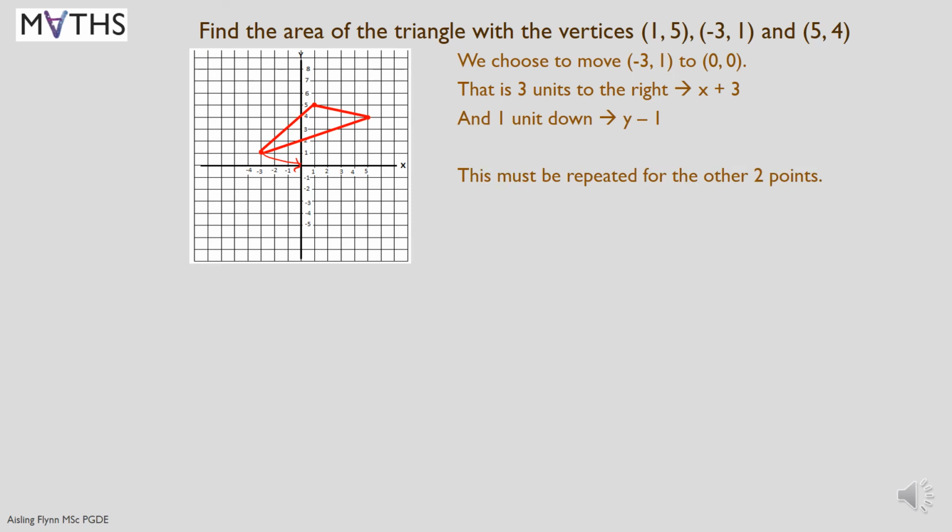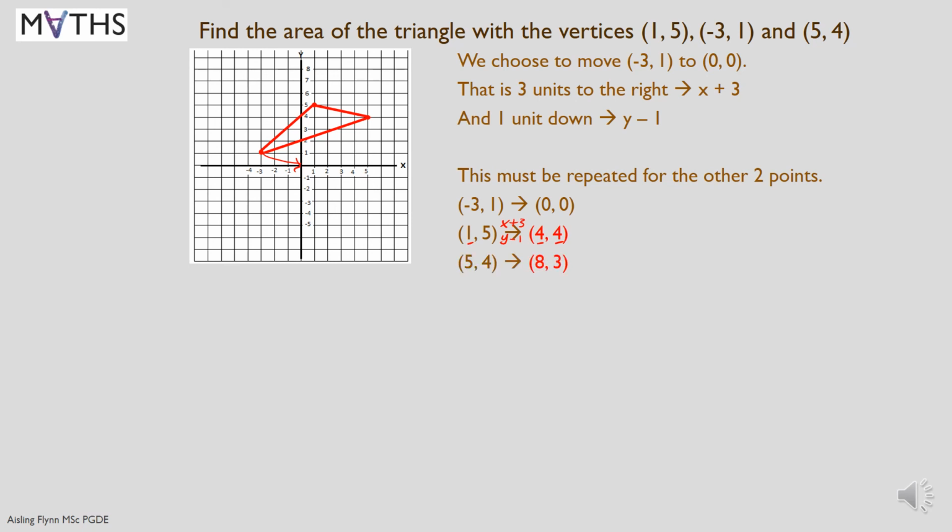So this must be repeated for the other 2 points. So that's what we did. So let's repeat that for the 1, 5. Okay, so we do x plus 3, which means that 1 plus 3 makes 4, and y minus 1, that means that 5 minus 1 gives 4, and so we have a new point at 4, 4.